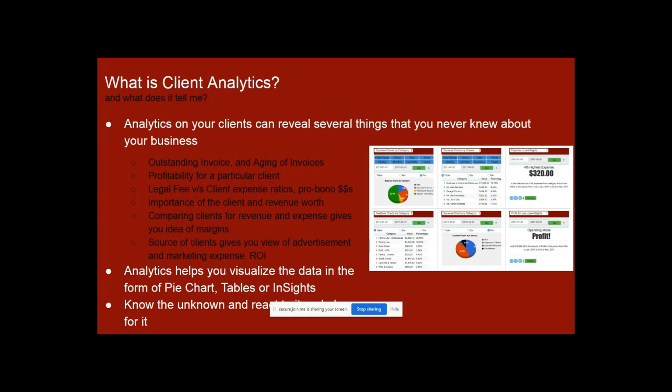Which sources of contacts are translating into clients? Which sources of contacts are mostly turning out to be non-engagements? These are the types of analytics and the questions that you probably should be asking yourself at a time that's more natural and meaningful to your firm, but definitely should be posing the questions and figuring out the answers so that now you can make informed strategic decisions about how best to grow your firm from where you are to the next step.